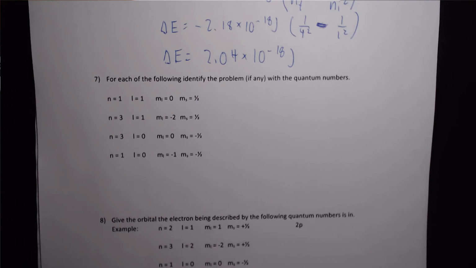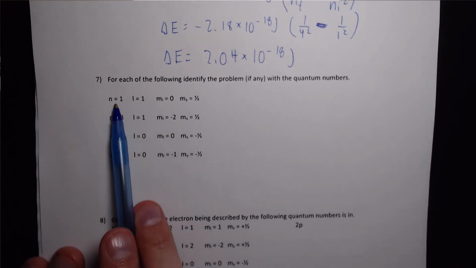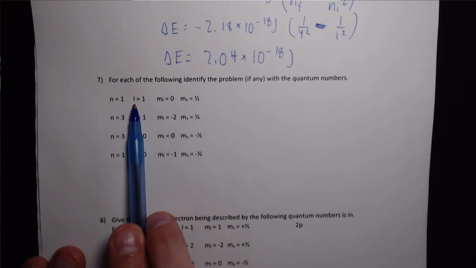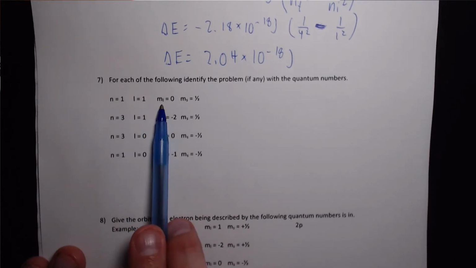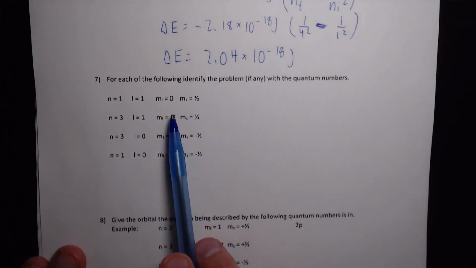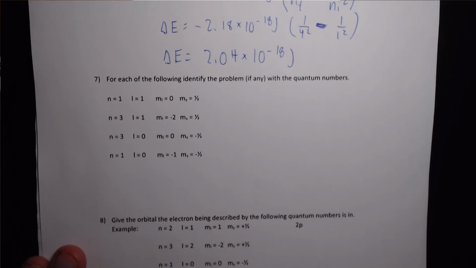But we could also describe where electrons are in terms of their quantum numbers, and those are n, the principal quantum number, L, the angular momentum quantum number, m sub L, the magnetic quantum number, and m sub S, the spin quantum number. These all have values relative to each other.